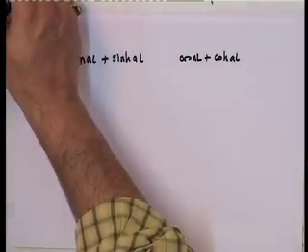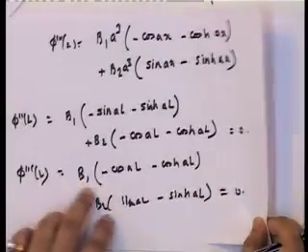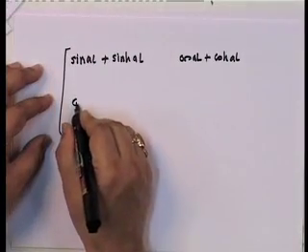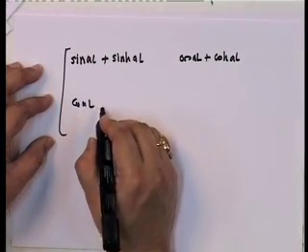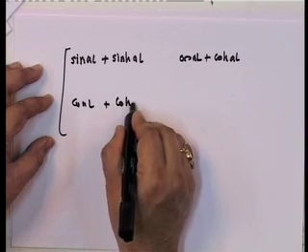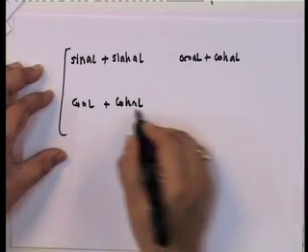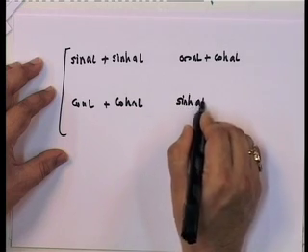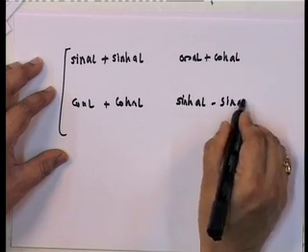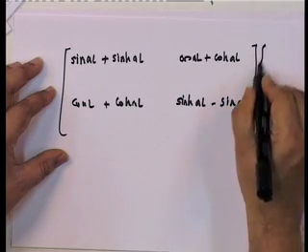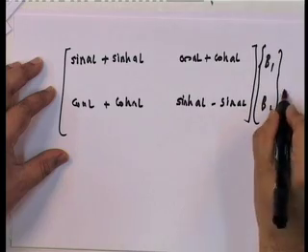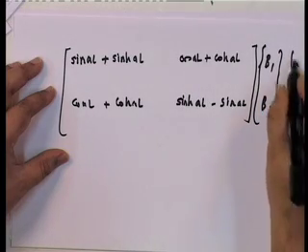In the second row, this becomes cosine AL plus cosine hyperbolic AL, and this one becomes sine hyperbolic AL minus sine AL, multiplying B1 B2 is equal to 0 0.